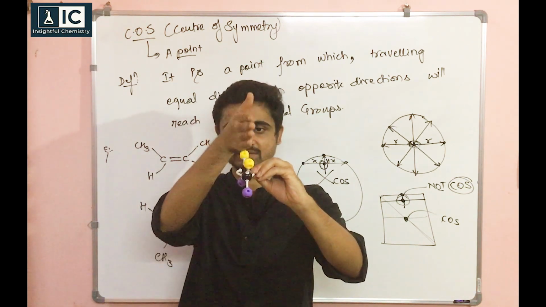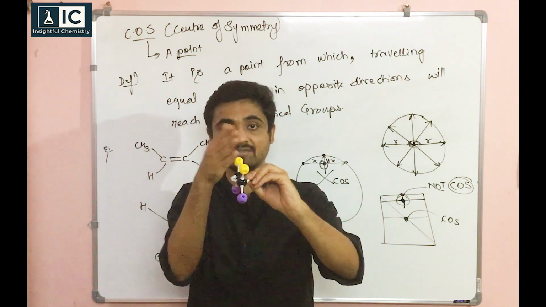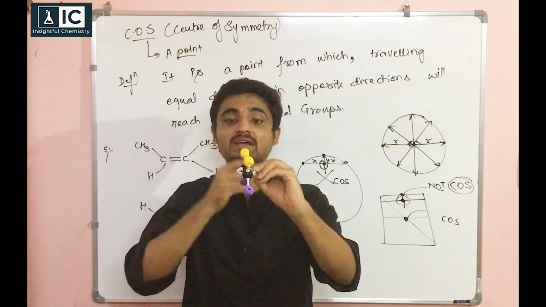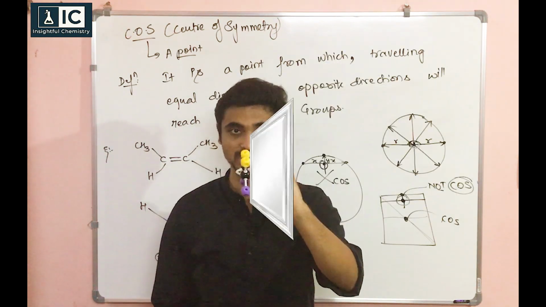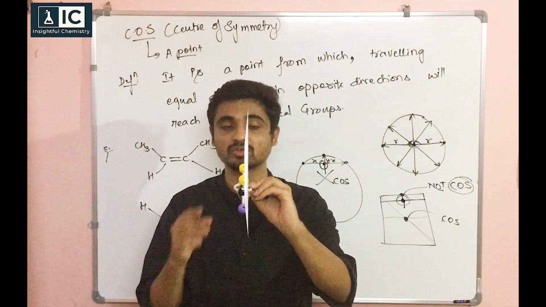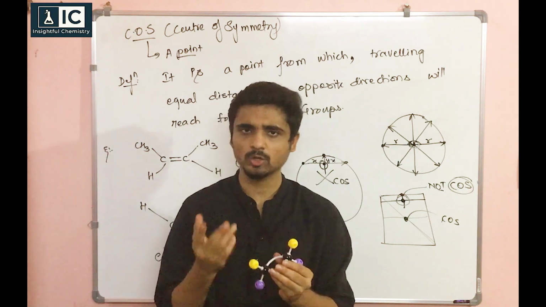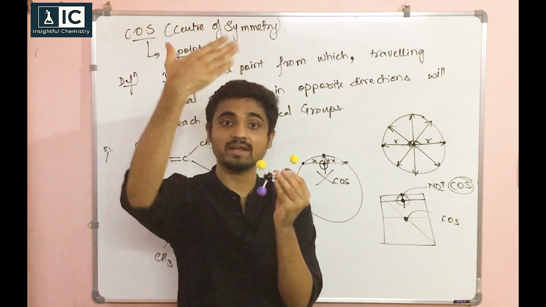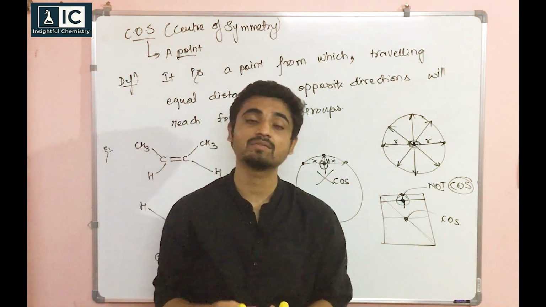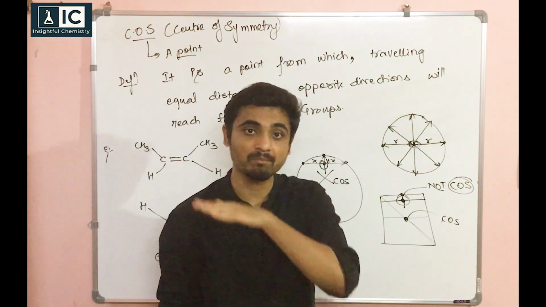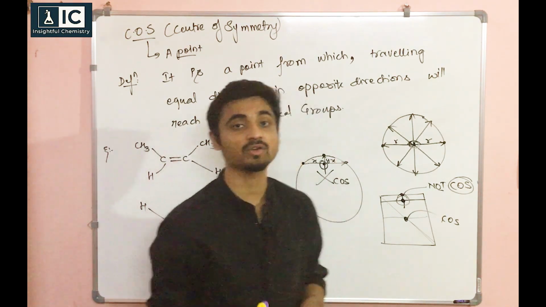Just like if I put a mirror in between. Yes. So therefore this compound has a plane of symmetry. How many? 2. One like this and one the plane in which the molecule itself is.